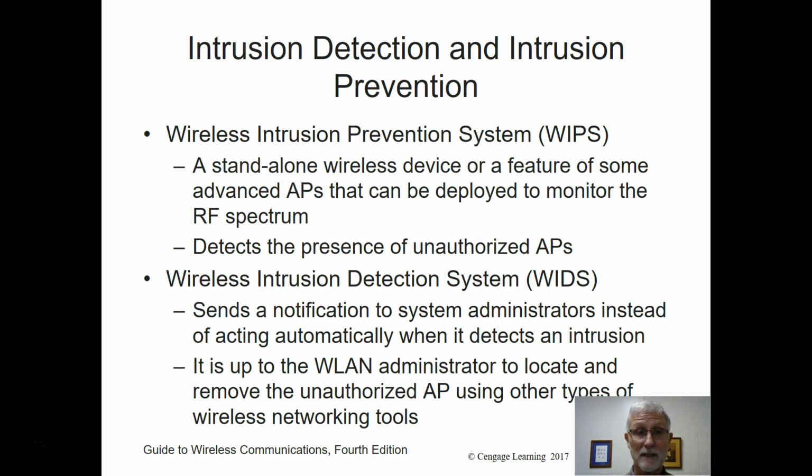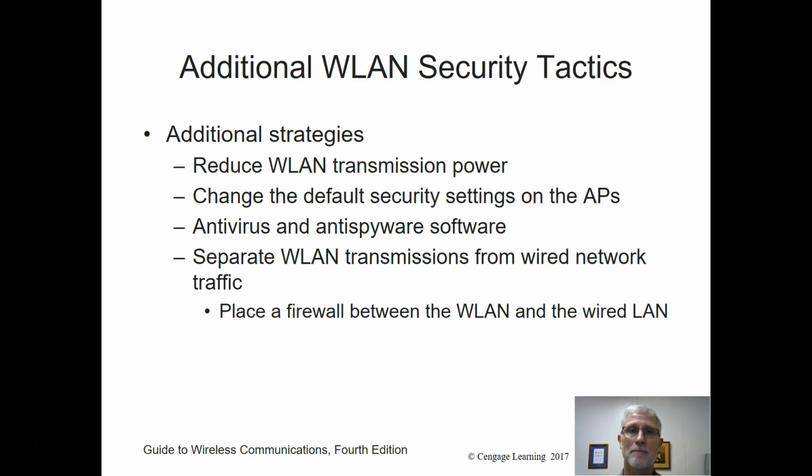Intrusion detection basically says, I'm going to notify system administrators when an intrusion is happening. And then the administrator can locate it, remove it, or whatever they want to do based on their security policy, what their job is to correct that.